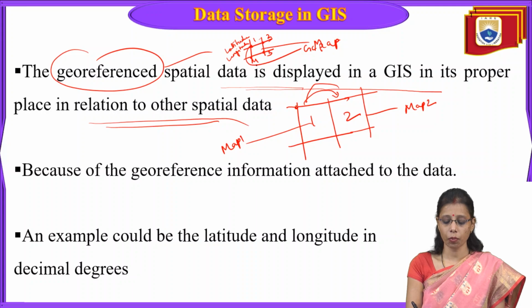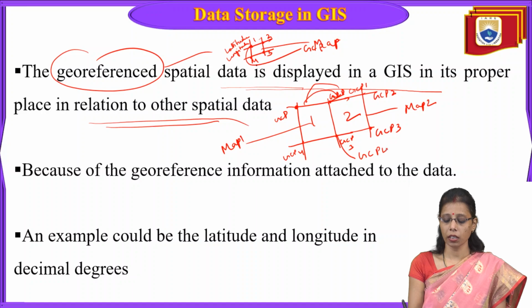For example, you assign GCP points 1, 2, 3, and 4 here, so 4 points we have assigned. Now we assign the same in the second map also: GCP 1 here, GCP 2 here, GCP 3 here, GCP 4 here.